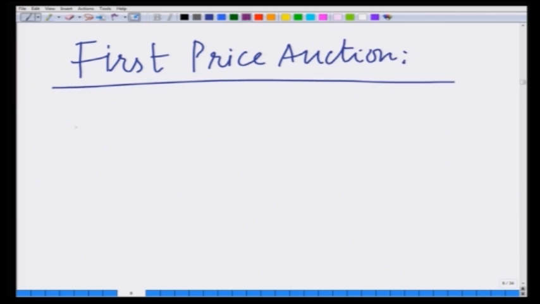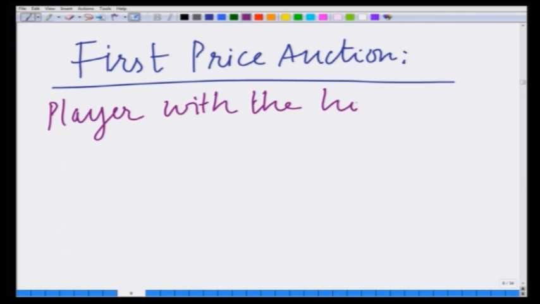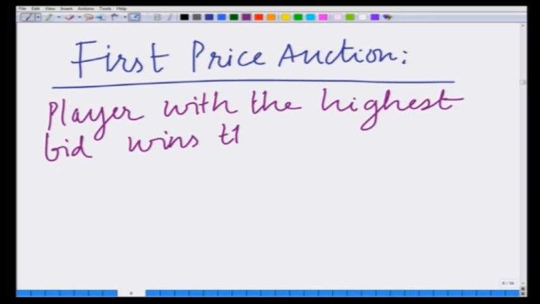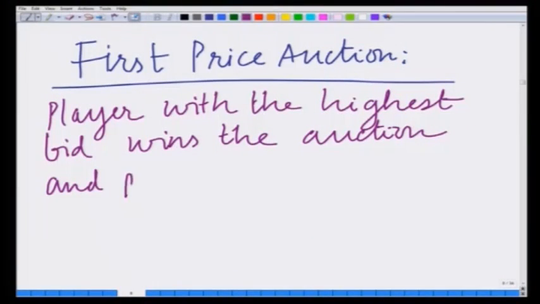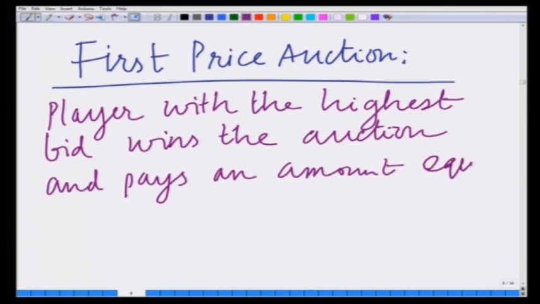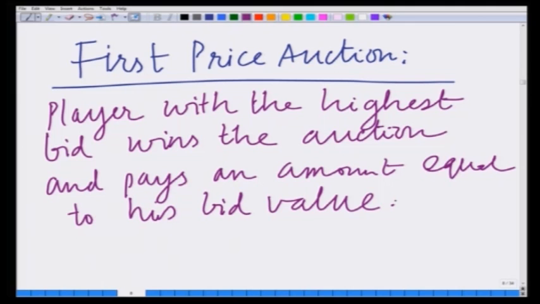Player with the highest bid wins the auction and pays an amount equal to his bid value.